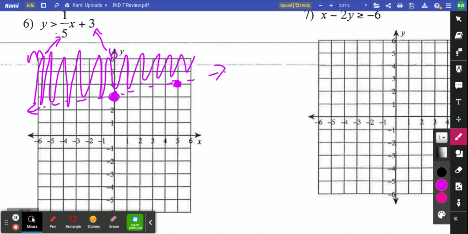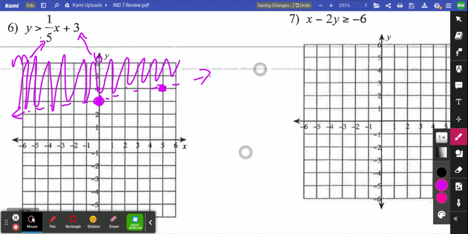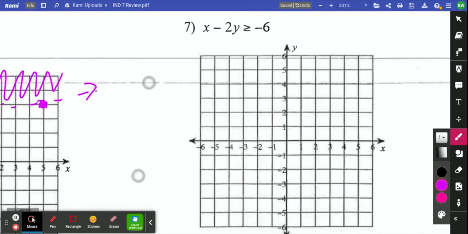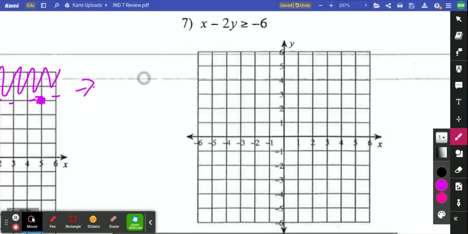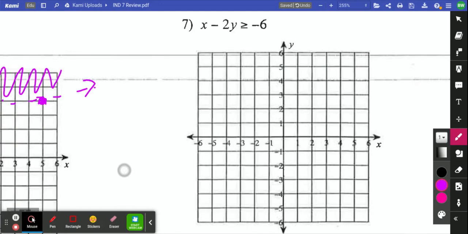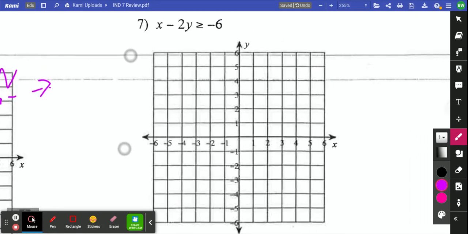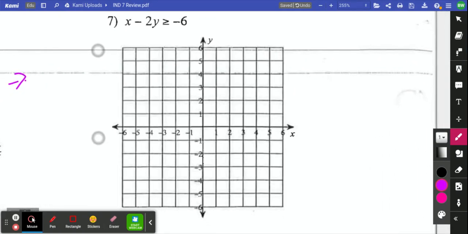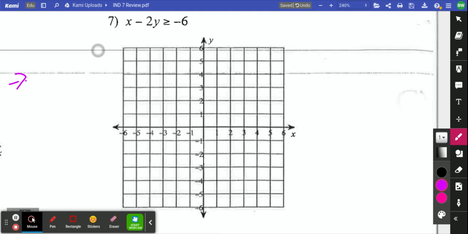Okay, look, the next one. This one's not in standard form. We need to put it in standard form. So we're going to subtract x from both sides first.